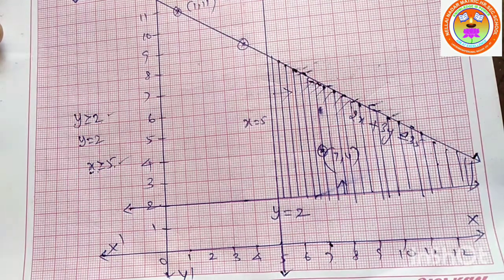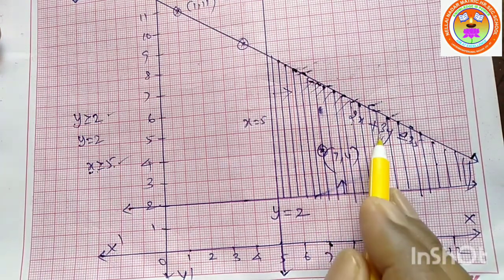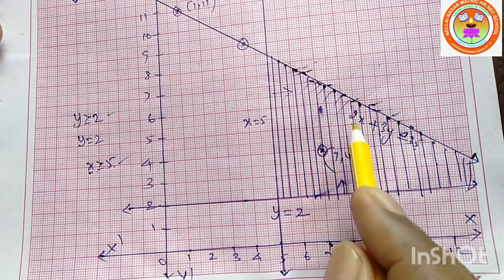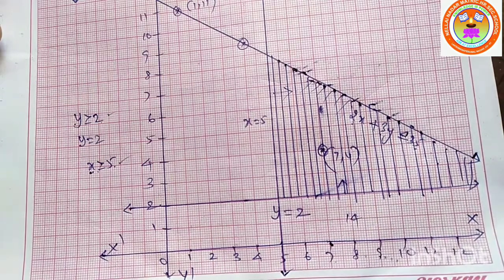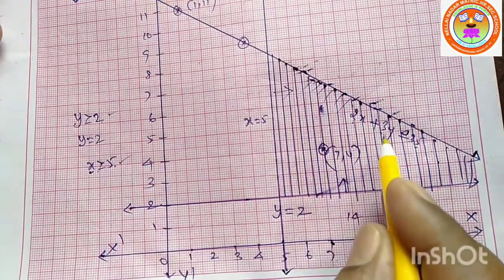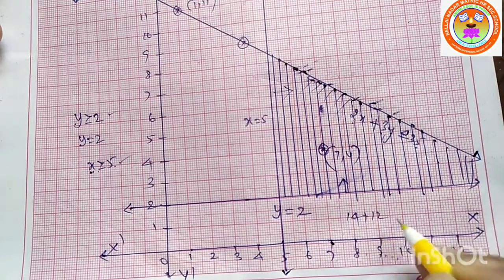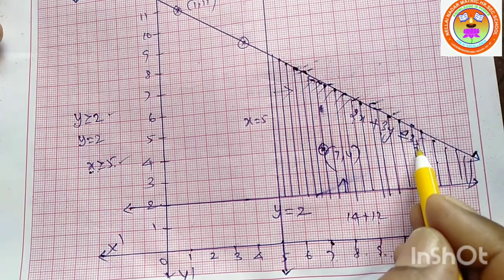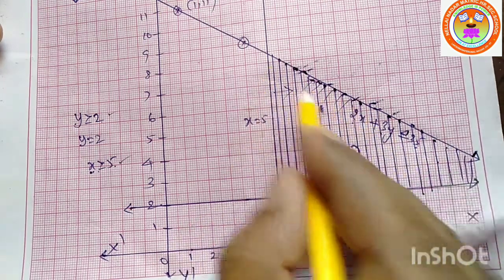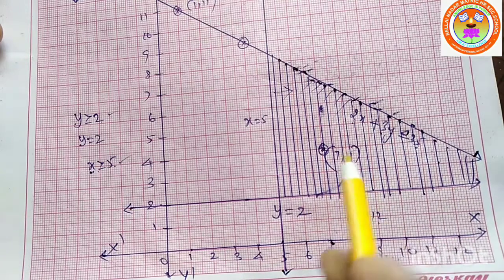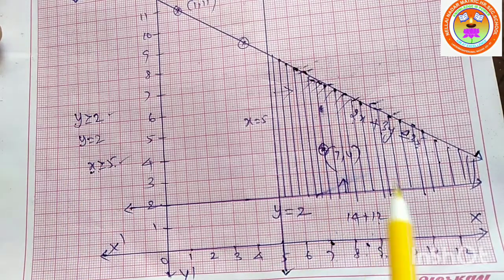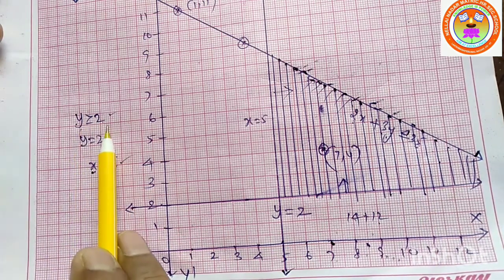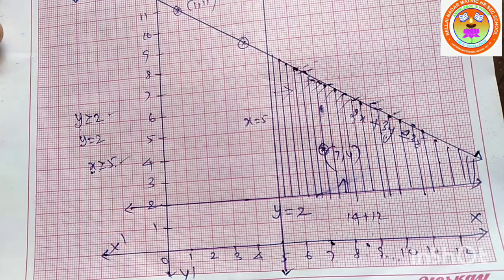Then what about the third one, 2x plus 3y less than or equal to 35? With x is equal to 7, 2 times 7 is 14. With y is equal to 4, 3 times 4 is 12. So 14 plus 12 is 26. 26 is less than or equal to 35, right? So this shaded region represents the 3 inequalities: 2x plus 3y less than or equal to 35, y greater than or equal to 2, and x greater than or equal to 5.